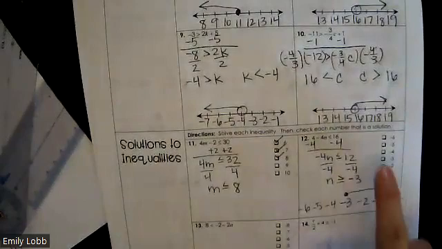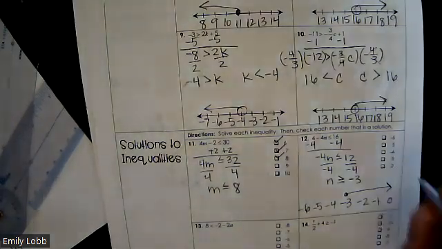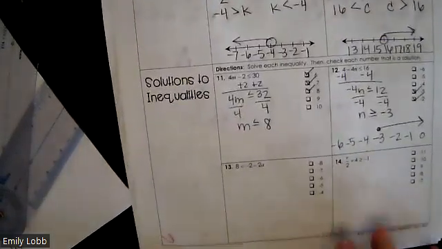So does -6 work? Does -5? Does -4? Does -3? Yes. And does -2? Yes. So be careful with those. Even though the number 6, its absolute value, is bigger than 3, when it's negative, it is less than.